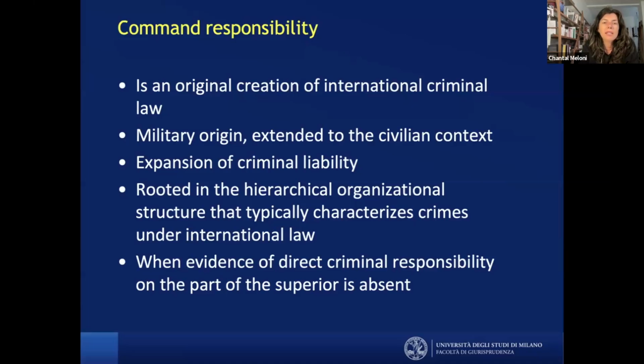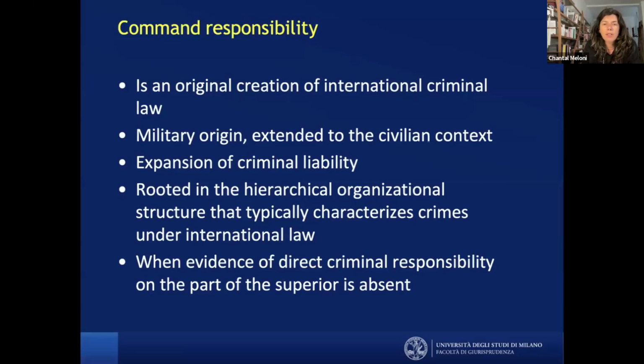It is rooted in the hierarchical organizational structure that is typically to be found in the context of commission of war crimes, meaning during armed conflicts.